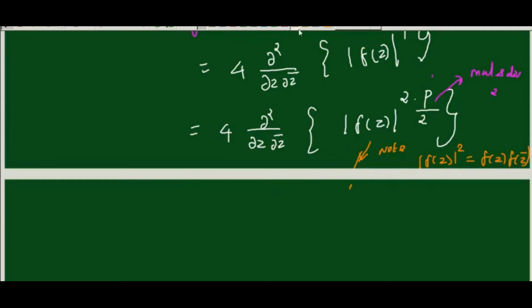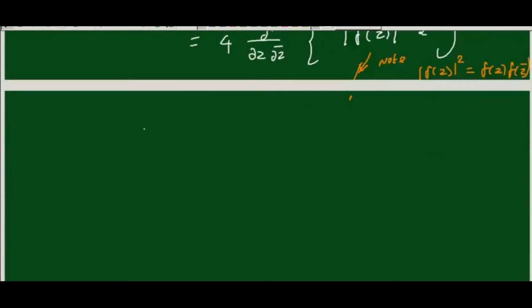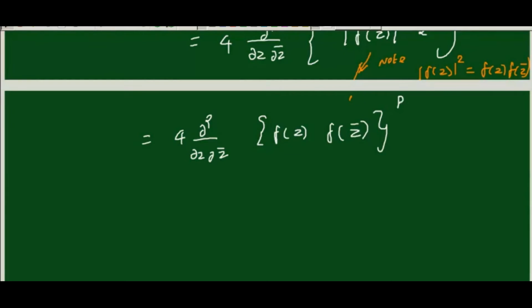Next, which is equal to 4 times dou square by dou z bar of modulus of f of z whole square. I am applying the note. What does the note say? f of z into f of z bar, the whole power p by 2.